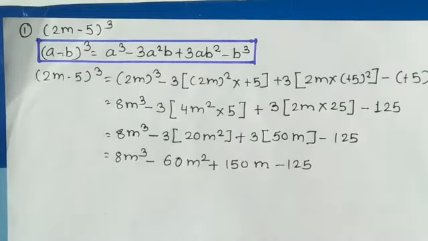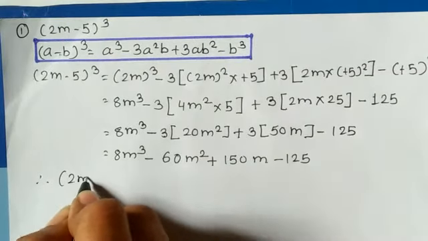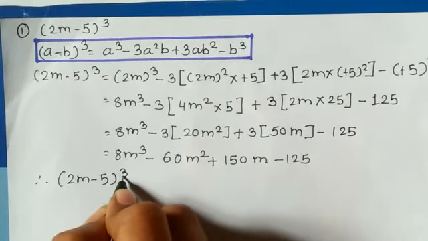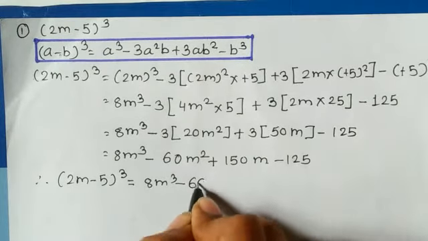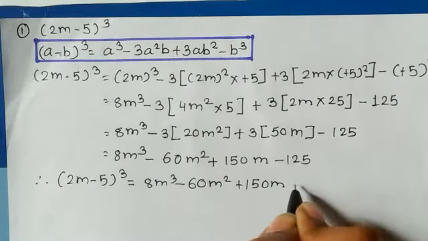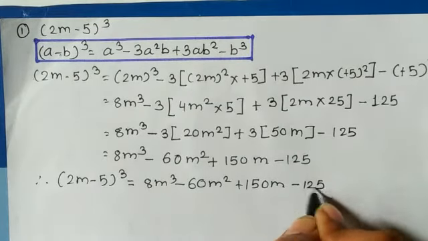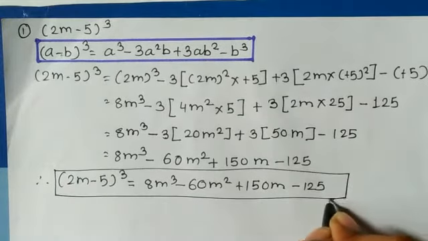So this is your answer, but how are you going to write it? Therefore (2m minus 5) bracket raised to 3 is equal to 8m raised to 3 minus 60m square plus 150m minus 125. This is the answer.